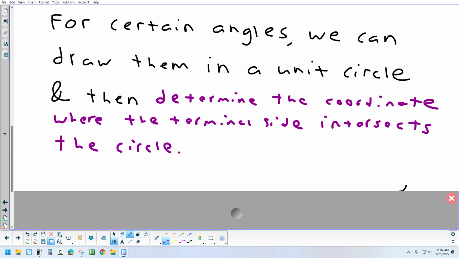This coordinate will have an x and a y value to it. You need both. So determine the coordinate. I'm just going to put in parentheses above it. The coordinate will have an x and a y value where the terminal side intersects the circle.